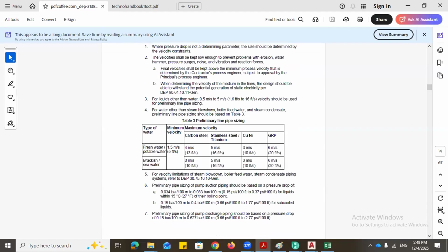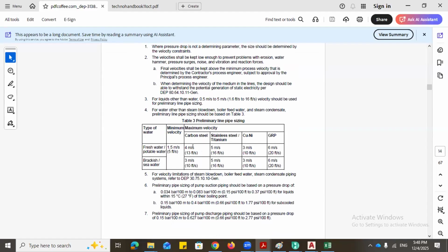You will see that when you are dealing with fresh water and brackish seawater, depending on the material you are using, you will have the maximum velocity and the minimum velocity. Minimum velocity for all of them is the same, but depending on the material, the maximum velocity is different.